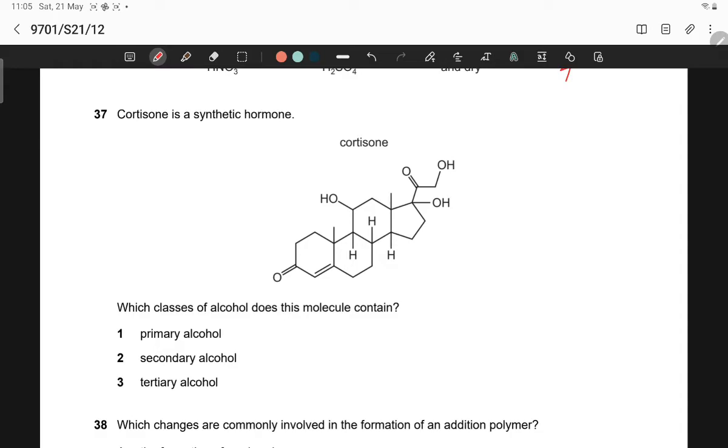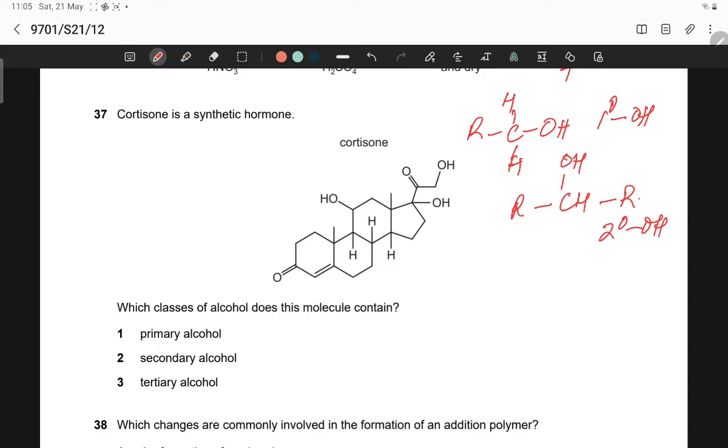So we know that if the carbon attached is present, this is a primary alcohol, and if R, CH, OH and R, this is a secondary alcohol, and if R, C, R, R, this is a tertiary alcohol.